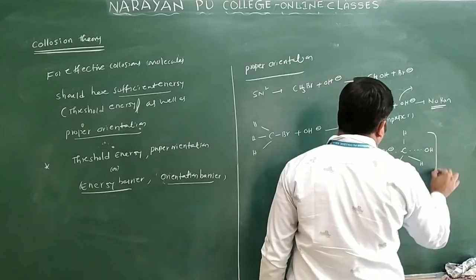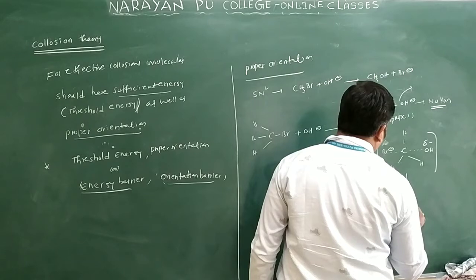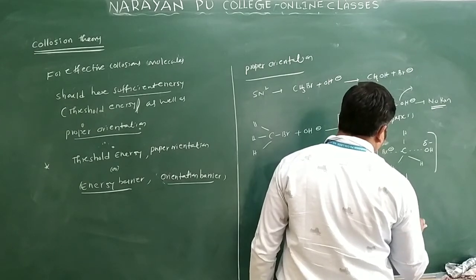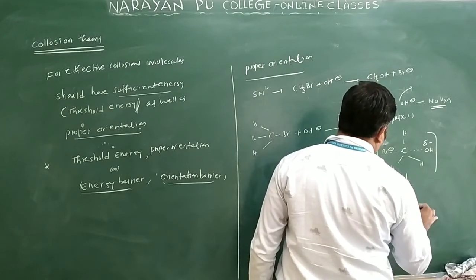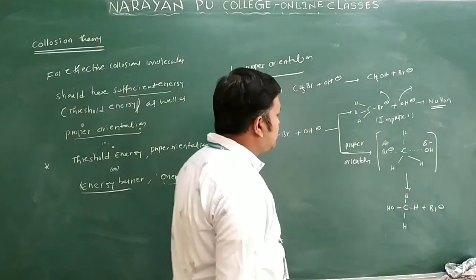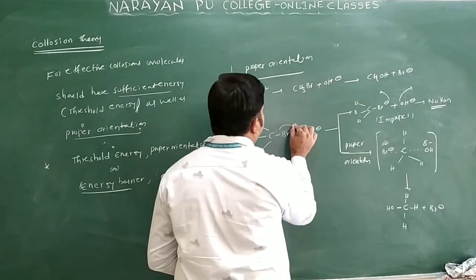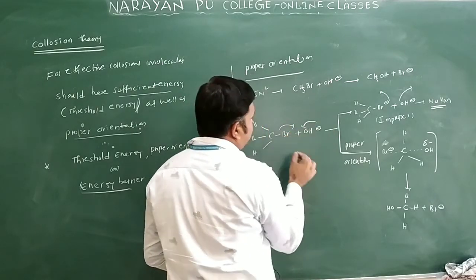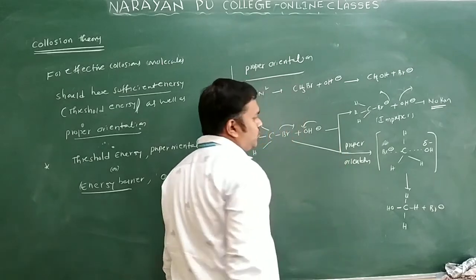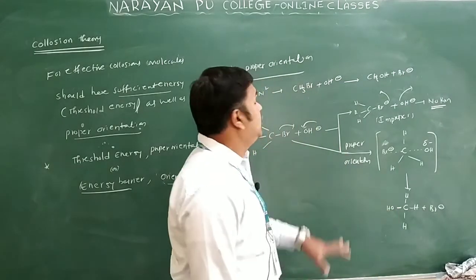This is an intermediate, with minus and minus, and then it is converted into CH3OH plus Br minus. So Br minus is coming from this side, OH minus is coming from that side, so they undergo proper orientation and the product is formed. This is regarding proper orientation.